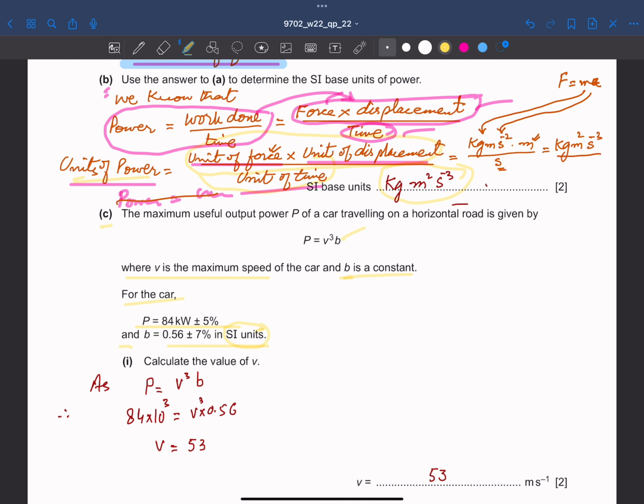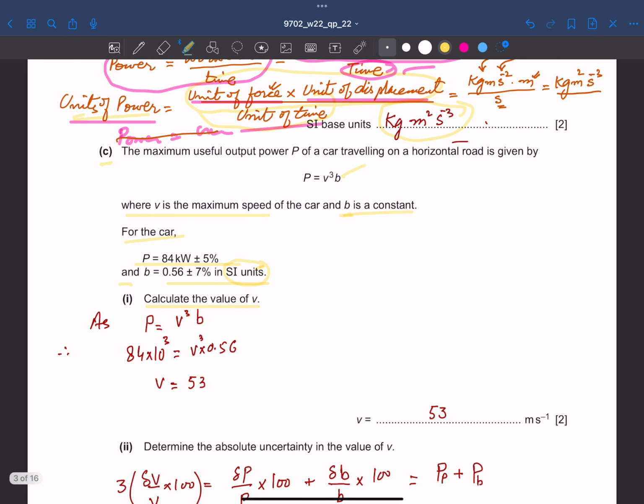Part 1, calculate the value of V. So this is simple. You have the formula P is equal to V power 3 into B. So just use their values. P is 84 kilowatts, so 84 into 10 to the power 3, and B is nothing but 0.56.